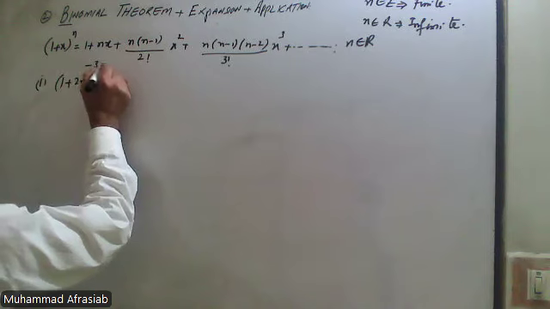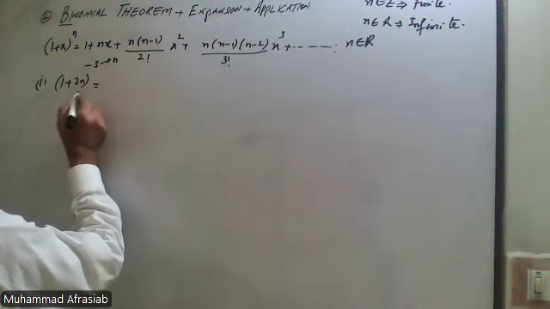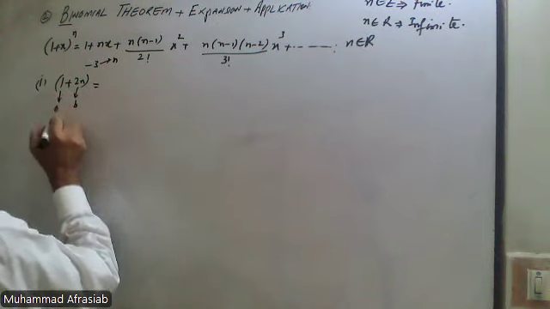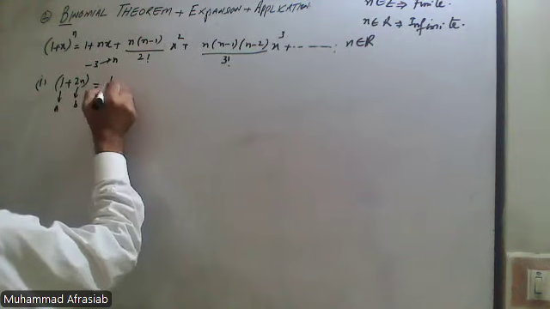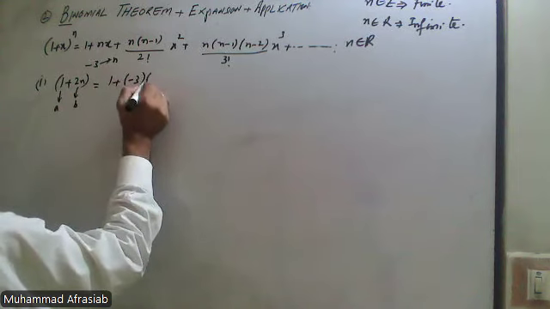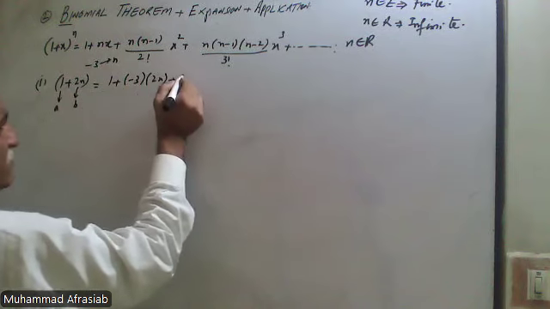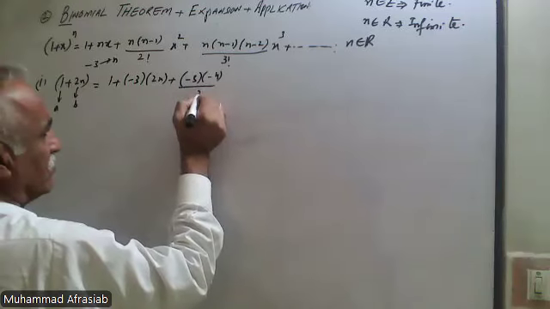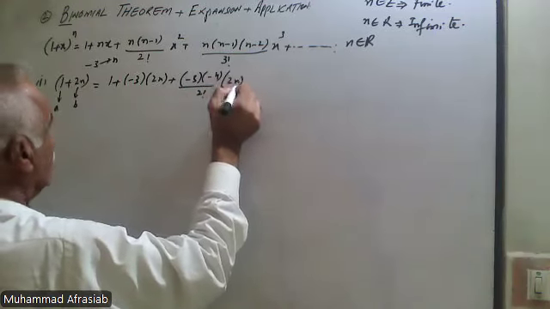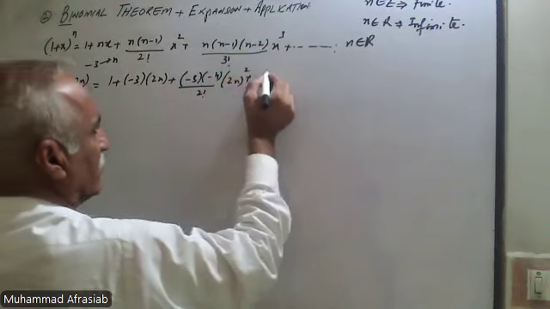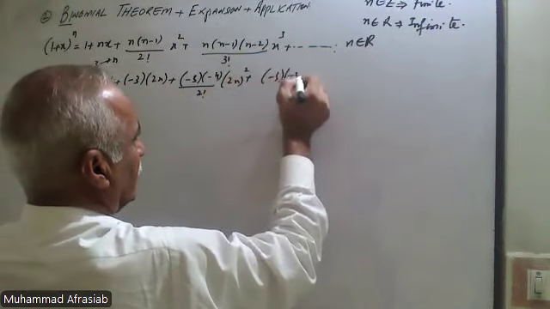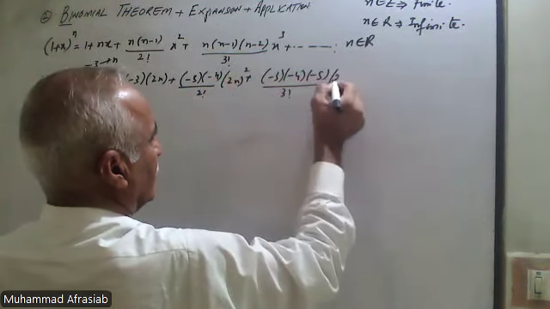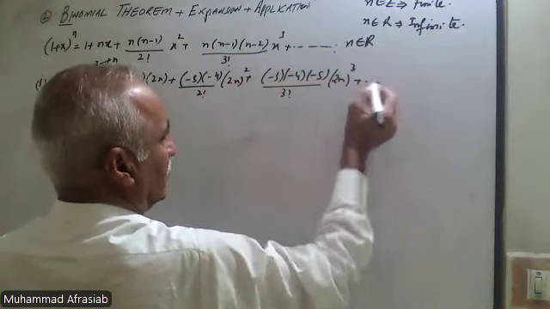So where n is equal to minus 3, b is equal to 2x, and a is equal to 1. So we can write this thing as 1 + (-3) into 2x + (-3)(-3-1)(-4) divided by 2 factorial into (2x) whole square + (-3)(-4)(-5) divided by 3 factorial into (2x) whole cube and so on.